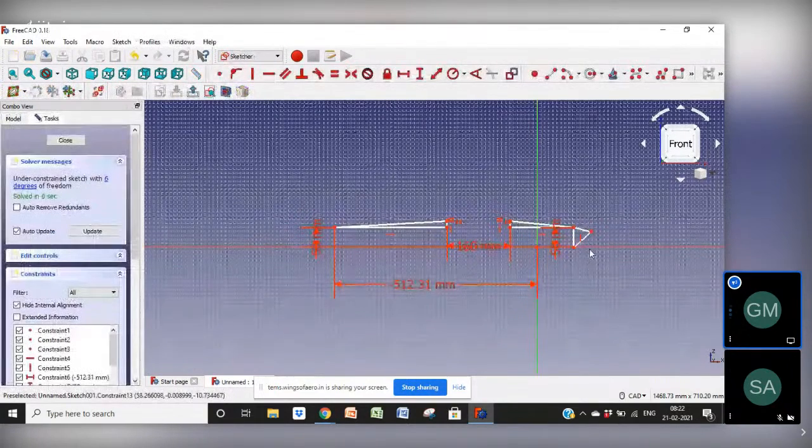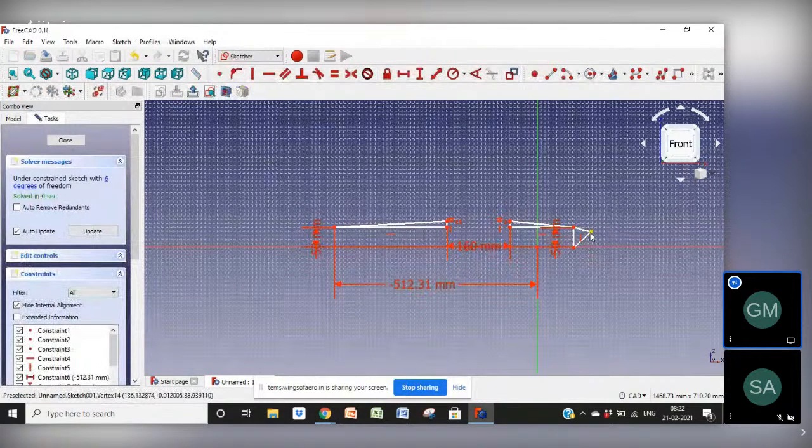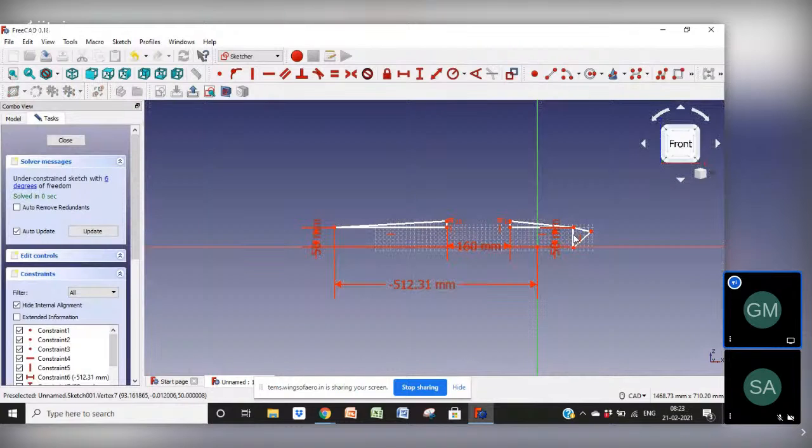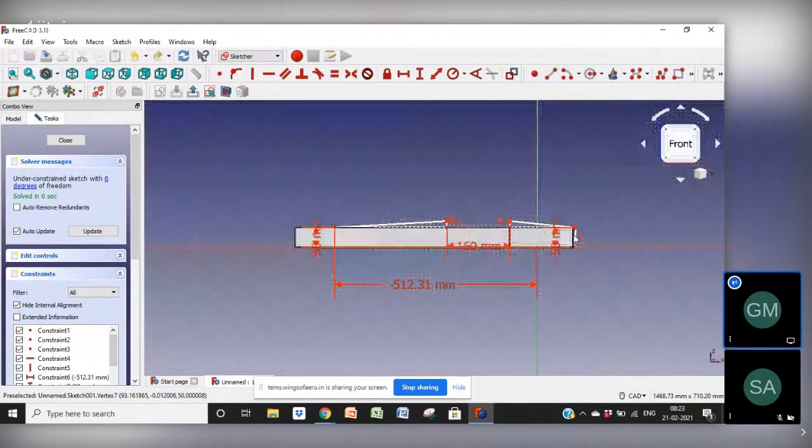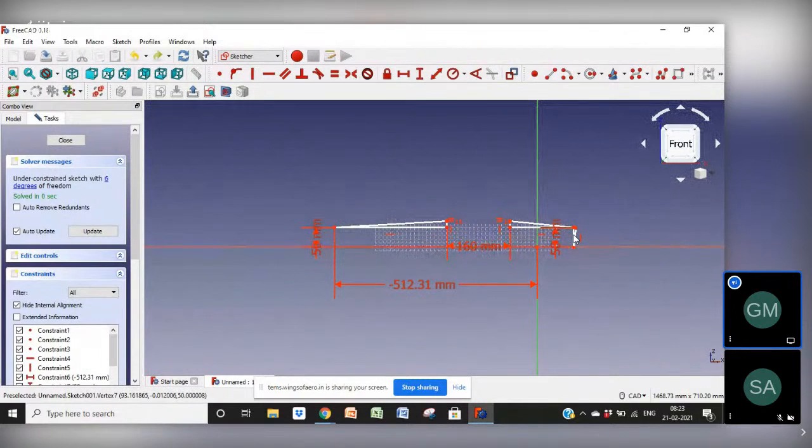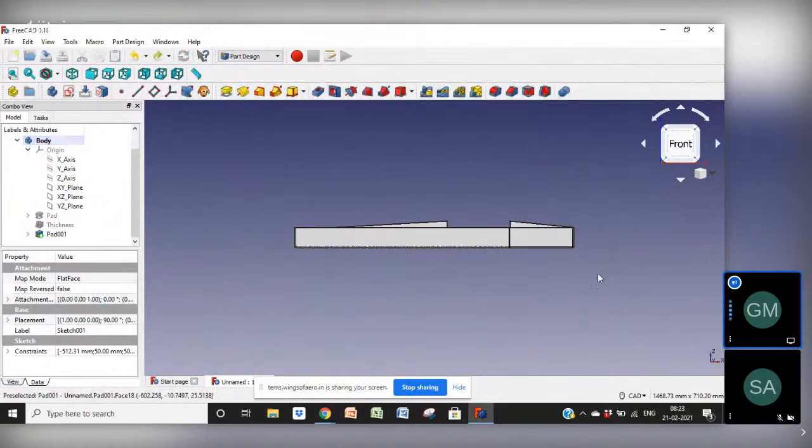This sketch is not going. Let it be. We will make it again afterwards.